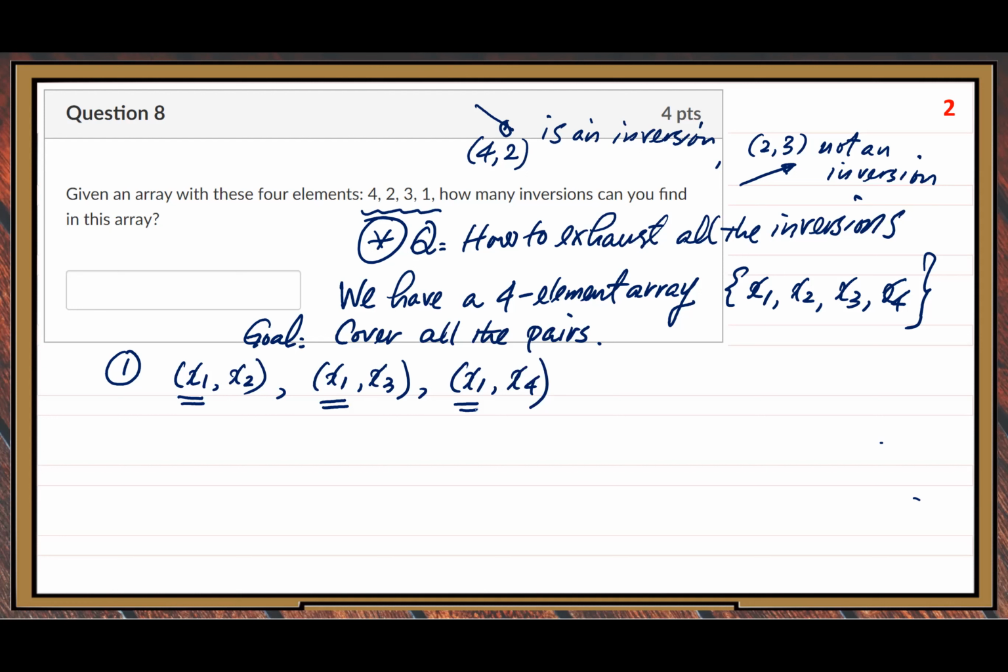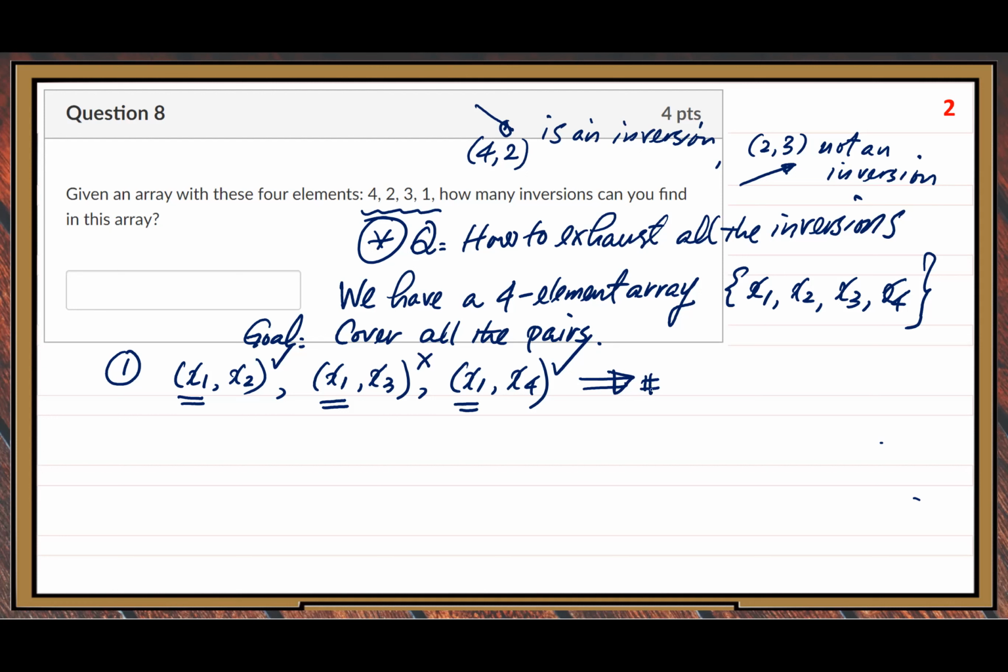With these 3 pairs, can you examine one by one which one is an inversion, which one is not? If it is an inversion, you check it. If it's not an inversion, you put a cross sign. Then the answer, how many? You get that number, right?